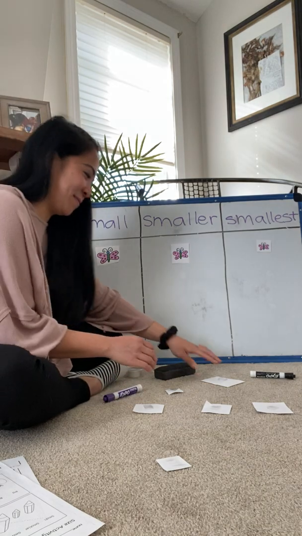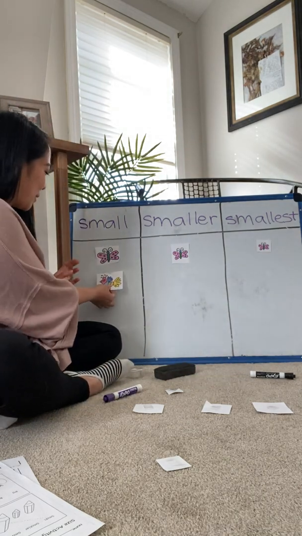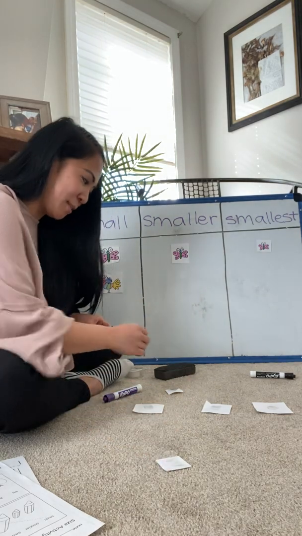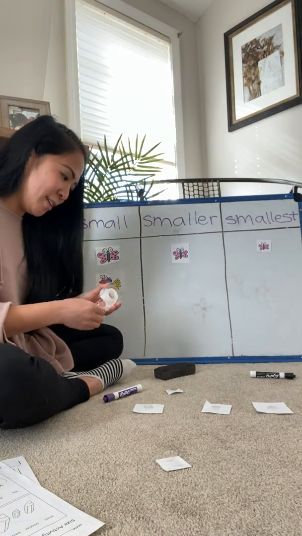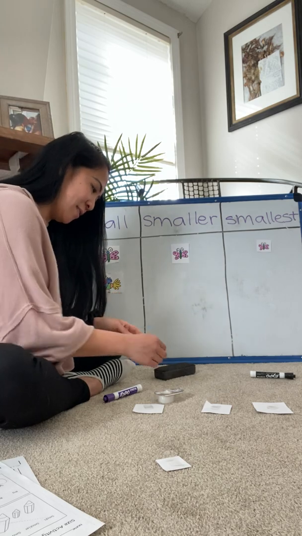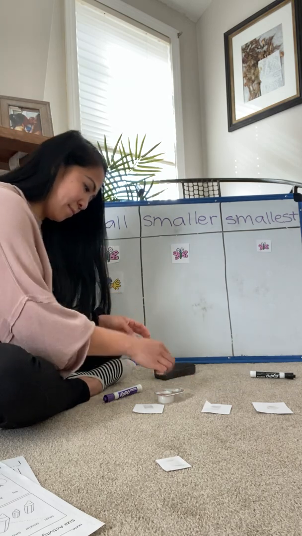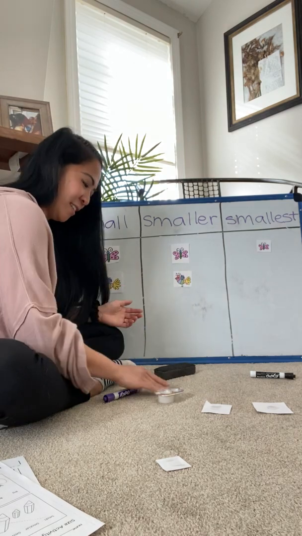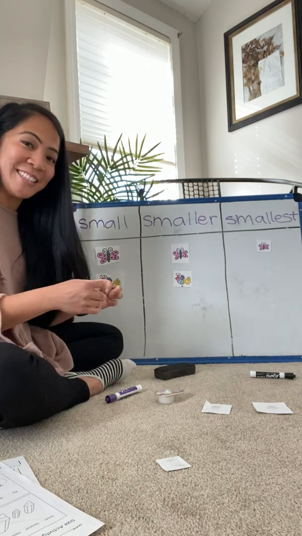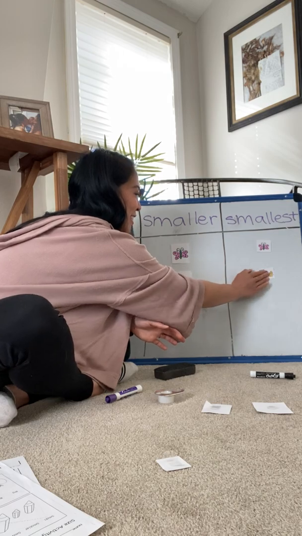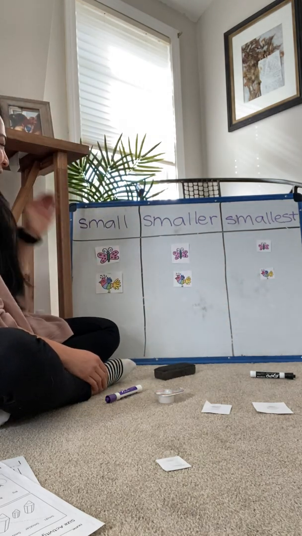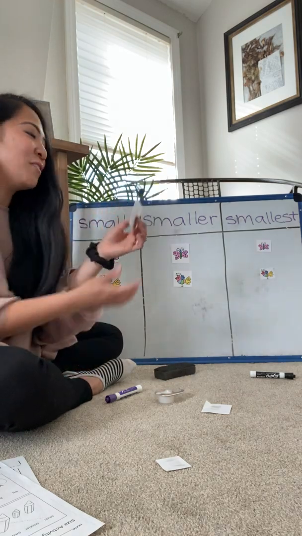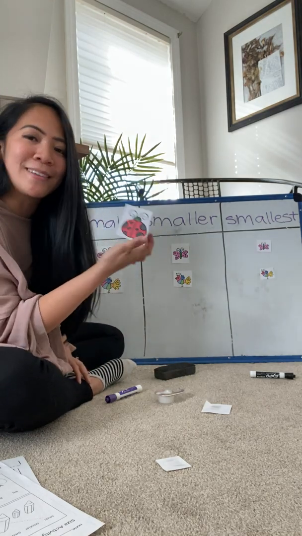All right? So let's do the bird next. Small bird. We'll need more tape. Smaller, and you guessed it, smallest. All right, and the last one we're going to do is the small ladybug.